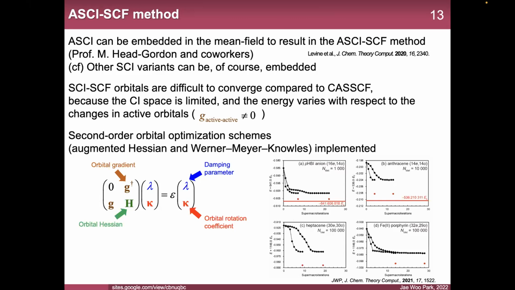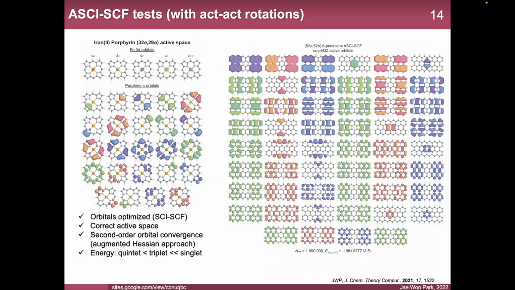So it is like 200 macro iterations. So it is quite many, but you can still converge the orbitals with the SCI-SCF methods. And probably the optimized orbitals physically mean that they will be the orbitals for the most compact CI expansions, probably.